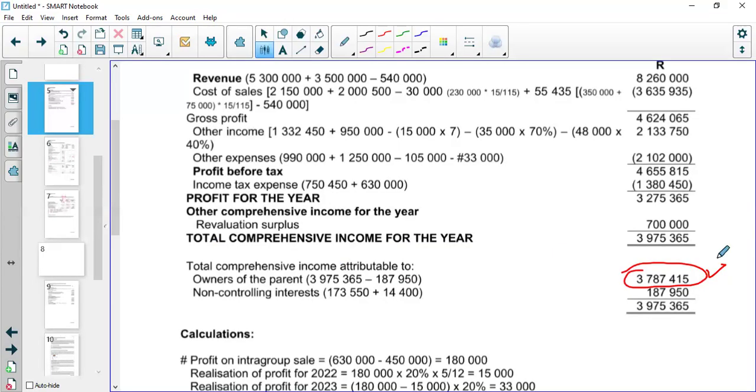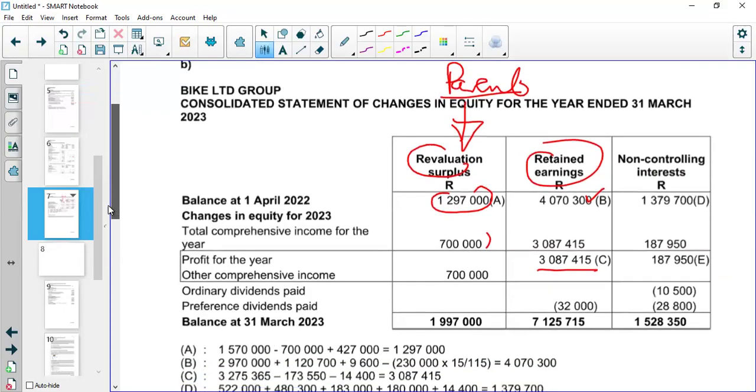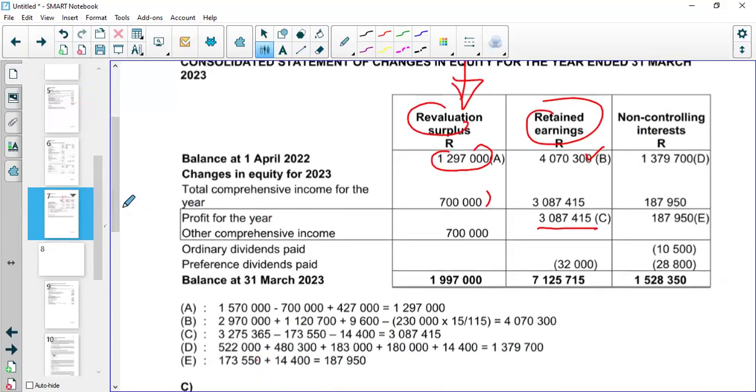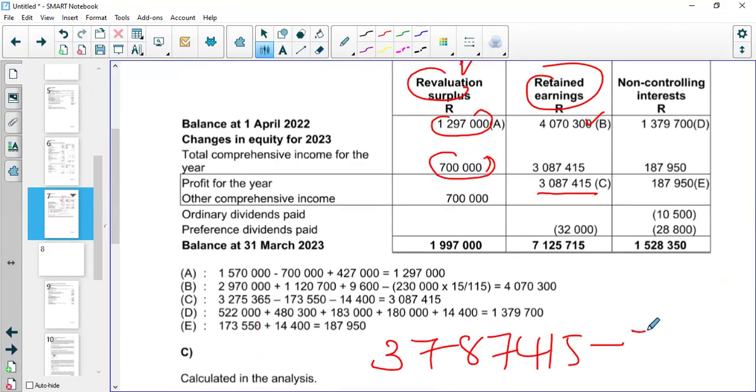So this is the share of total comprehensive income, but under here, we want only the share of profit. So we have 3,787,415. We subtract the revaluation surplus to say that's not part of retained earnings, right?